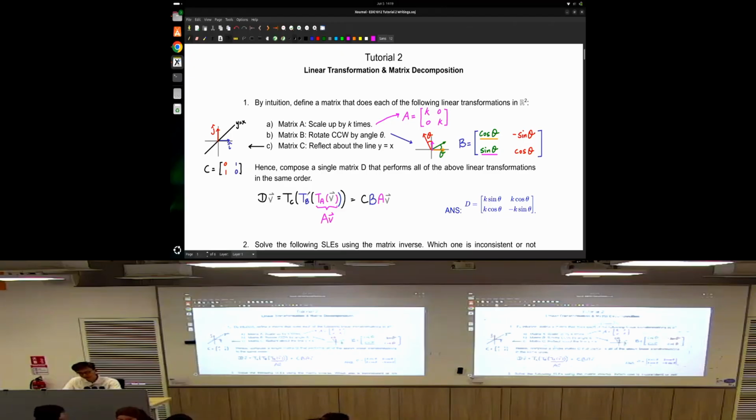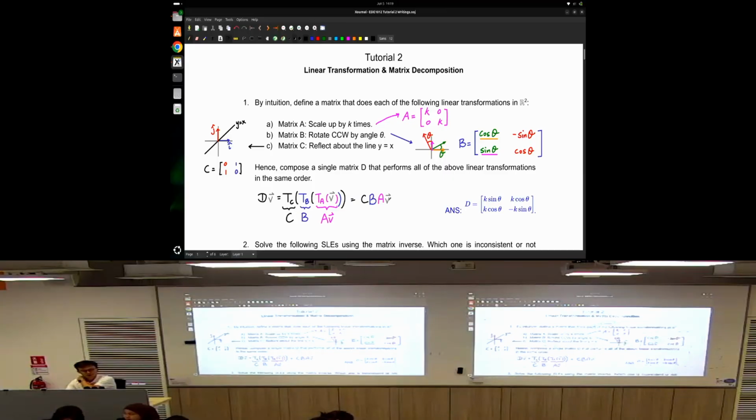Because T_B is just B times whatever you put in, correct or not? So it's actually B times AV. Isn't this legit? Then T_C of V equals CV. So this T_C is just matrix C, multiplied by whatever you put in. So it must be CBA.